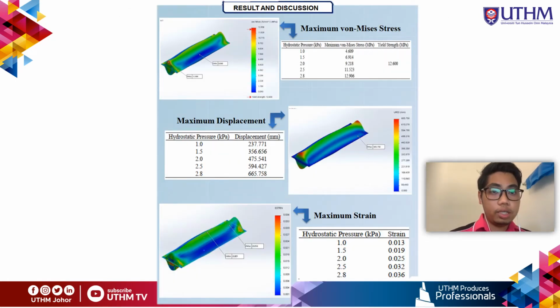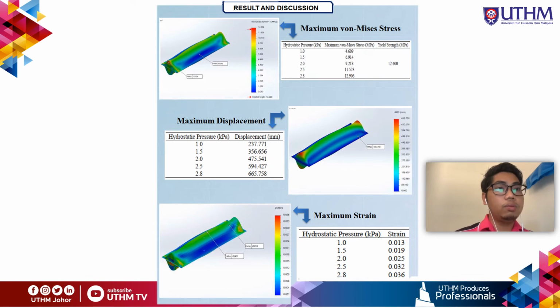So we go to the next part, which is the result and discussion. As we can see in the figure, it is a simulation process of hydrostatic pressure change on the geotube structure, and we get the maximum von Mises stress.